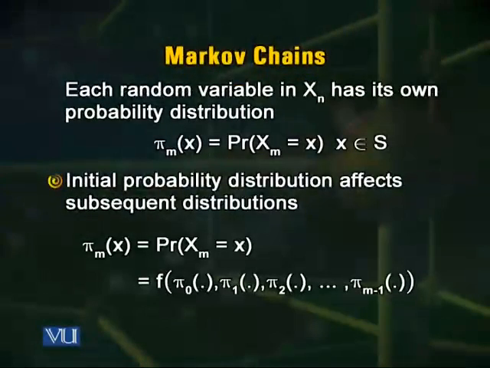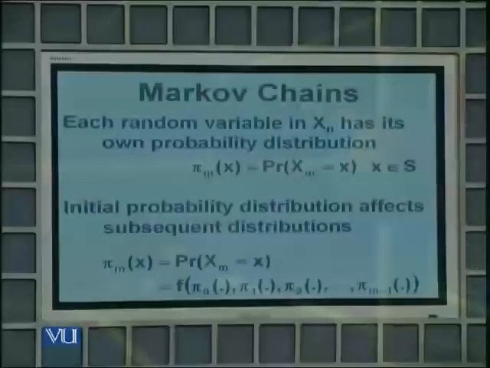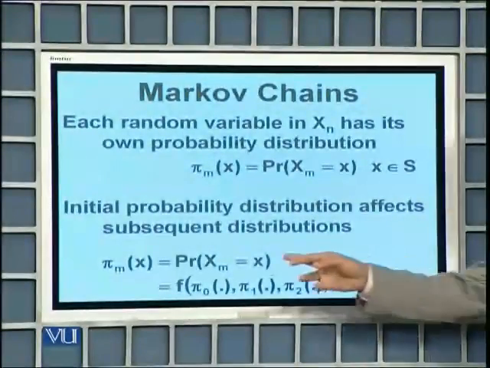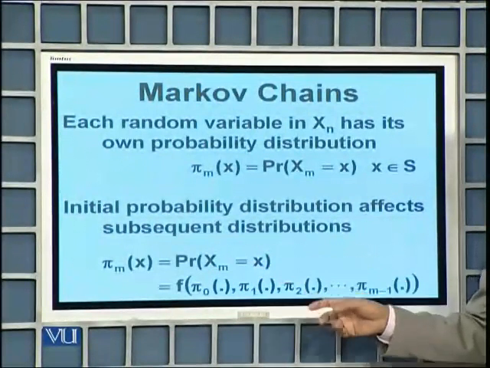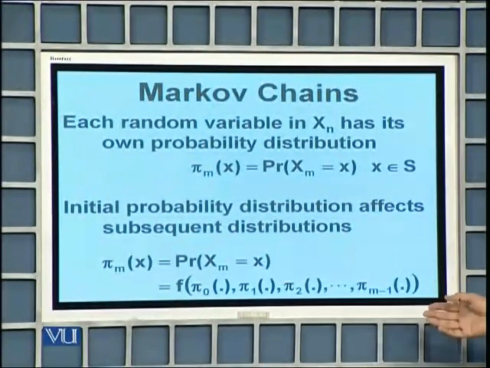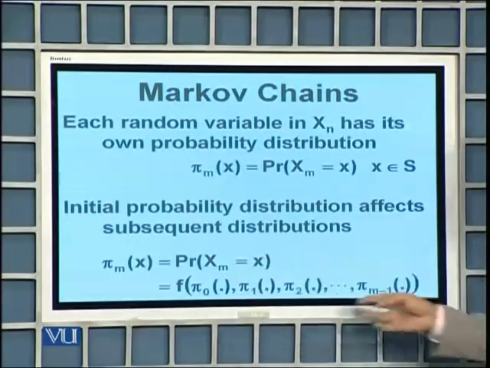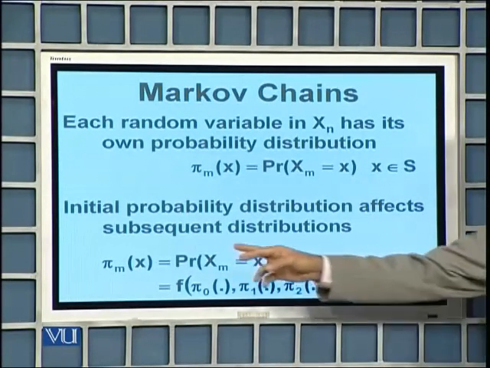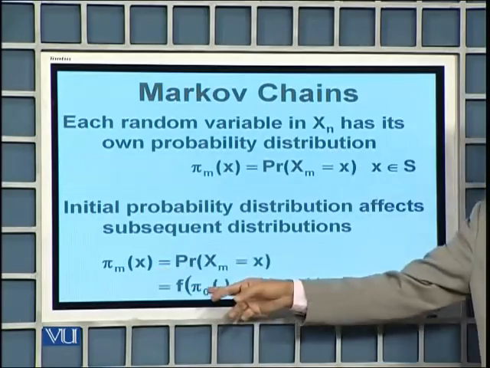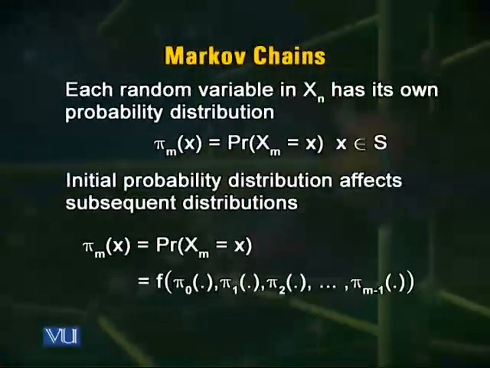As I told you, there is a large collection of random variables that we are dealing with. When we are investigating the probability of the mth random variable taking on a certain value x, it depends on previous probability distributions, on what values the previous random variables assumed. So pi m of x depends on the previous random variables and their distributions.